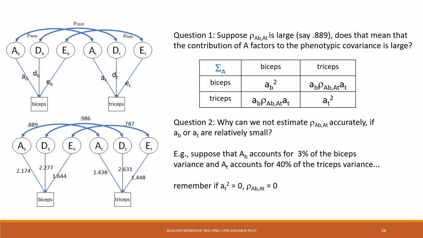If they are relatively small, one or the other or both, why can we not estimate the correlation between the A's accurately? For instance, suppose that AB accounted for 3% of the variance in biceps and AT accounted for 40%. In that situation, it could be difficult to estimate rho AB,AT accurately.